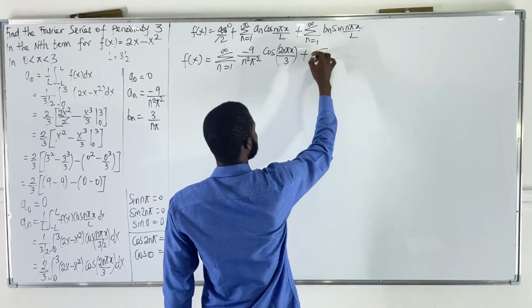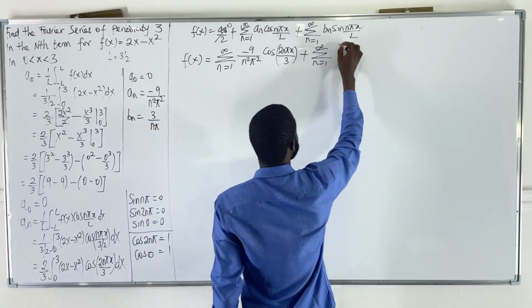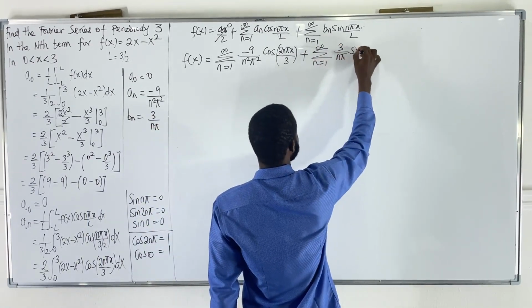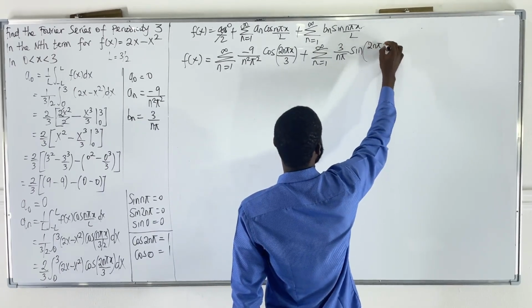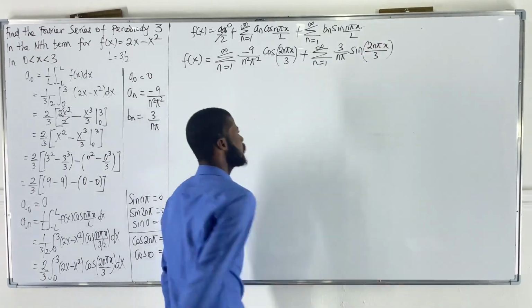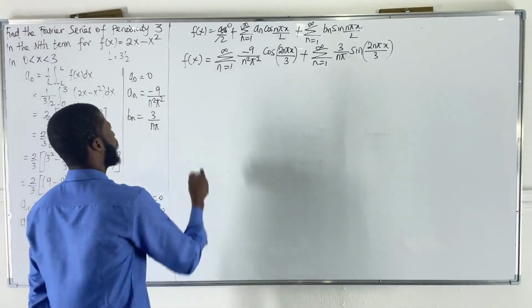And then plus the sum from n equal to 1 to infinity. Now b sub n is this. 3 over n pi sine 2n pi x over 3. Now let's do a little bit of factorization, if it's even called factorization.